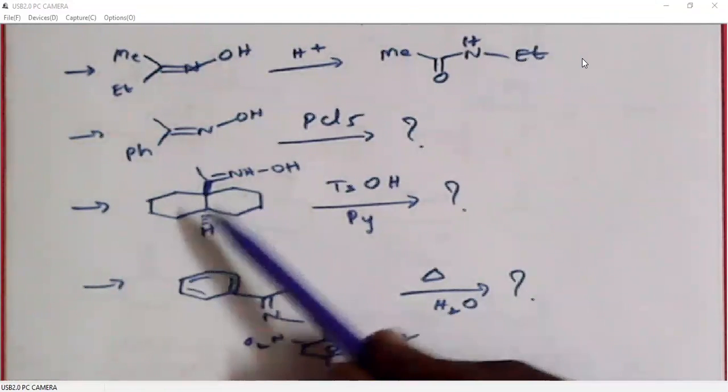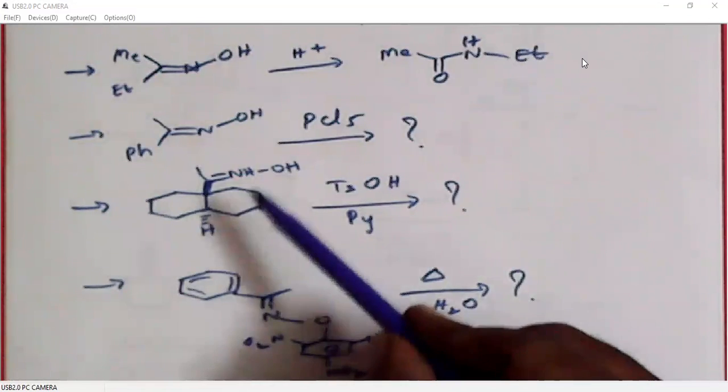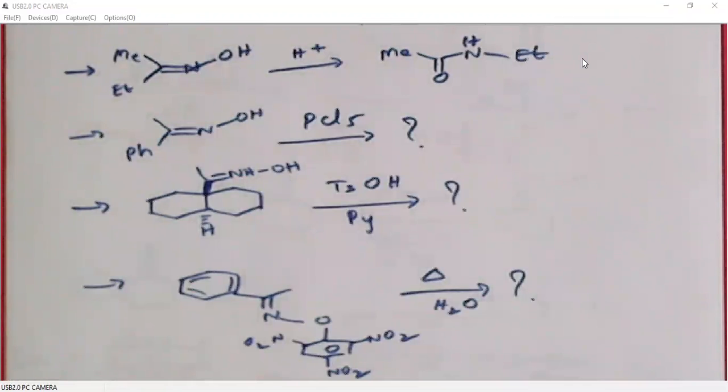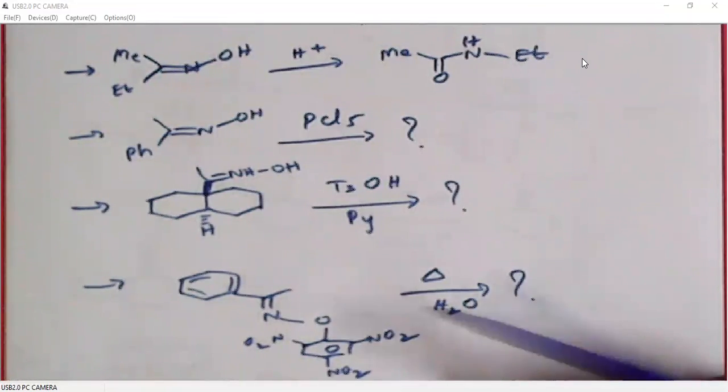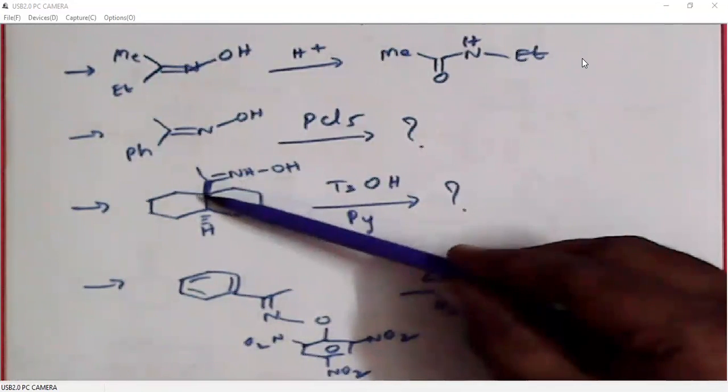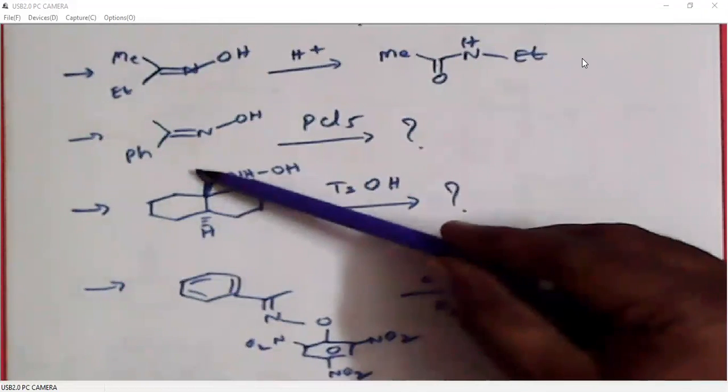In this case, the OH stereochemistry is not properly given. Then in such cases, we need to migrate an alkyl group which is more bulky. So among these two alkyl groups, this is just methyl, this is tertiary alkyl group. So migrate this group compared to the simple alkyl.